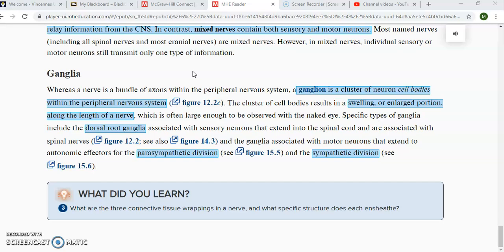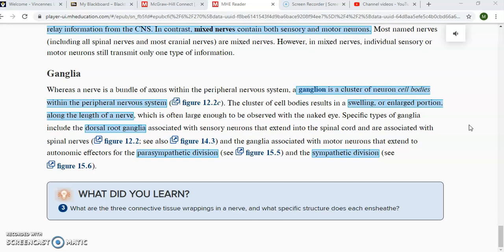When these neurons run through the peripheral nervous system, the axons usually run together as a bundle called a nerve, and the cell bodies usually cluster together in the same area as well. So when you see a bulge or a swelling, an enlarged area along the length of a nerve, that's usually where there's a cluster of the cell bodies of a lot of different neurons. The name we give to that structure is a ganglion.